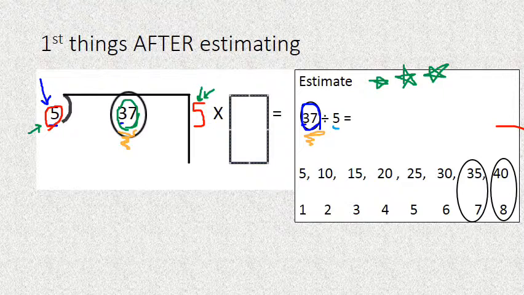Now the last step we're going to do today is count by 5s until we get super close to 37, but we don't go over. This too matches what we did for estimating.